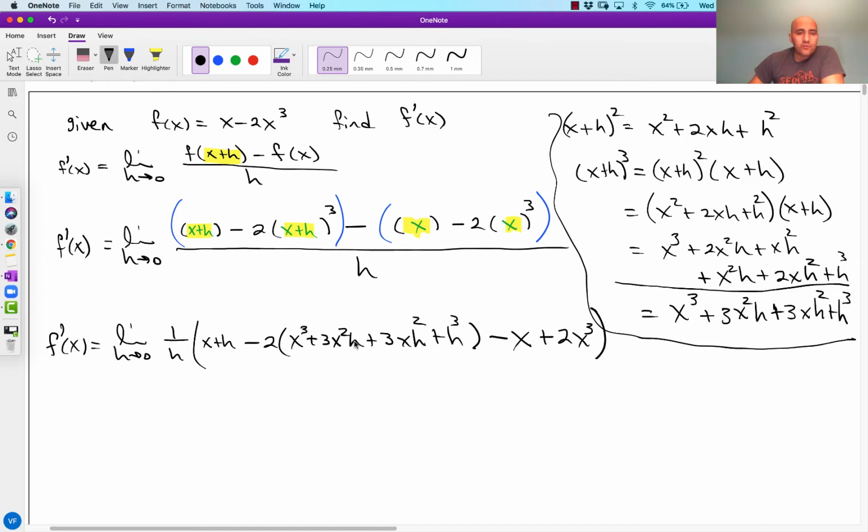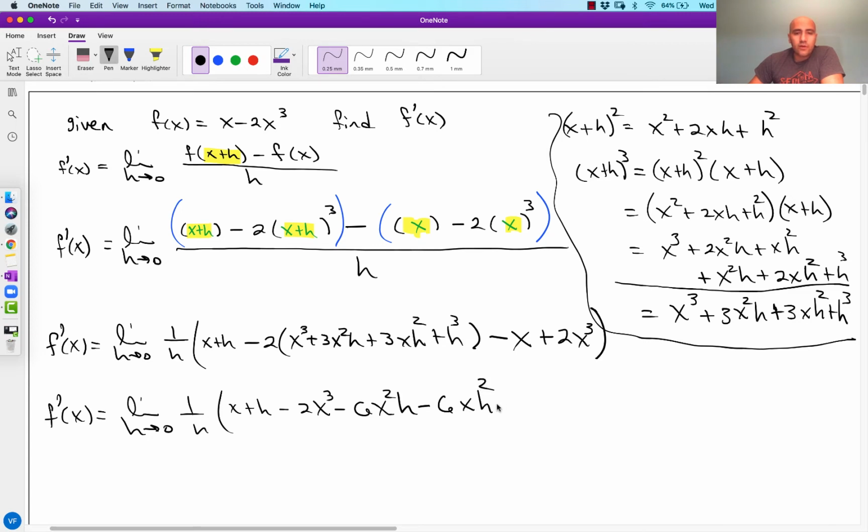Okay, so let's distribute this minus. We get f'(x) is equal to the limit as h goes to 0 of 1 over h, and we get an x plus an h minus a 2x^3 minus a 6x^2h minus another 6xh^2 minus a 2h^3 minus x plus 2x^3.